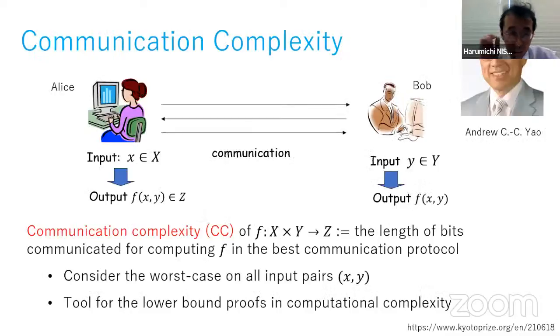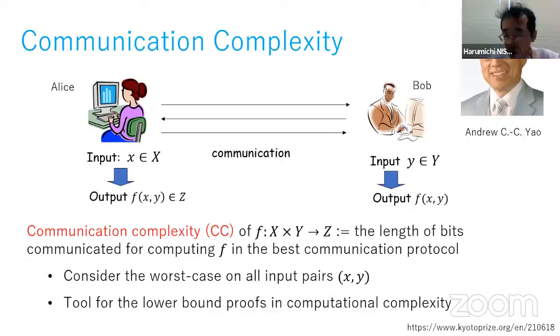I consider communication complexity, which is a very famous model in computational complexity. This model was introduced by Andrew Yao, who received the Kyoto Prize last week. This model is very simple. There are two parties, Alice and Bob.